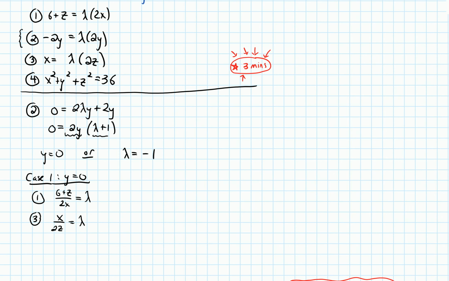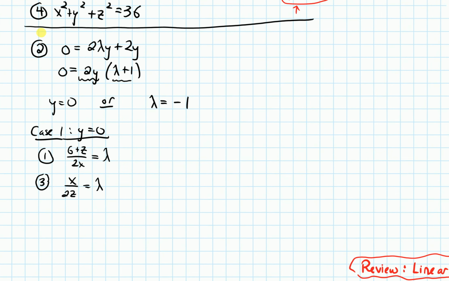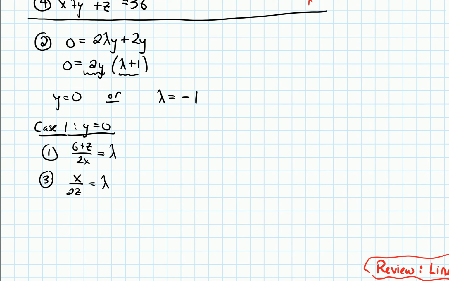Okay, so let's work with these two equations. I can set these equal because they both equal lambda. So we get (6 plus z) over 2x equals x over 2z. And if I cross multiply, we get 12z plus z squared equals 2x squared.